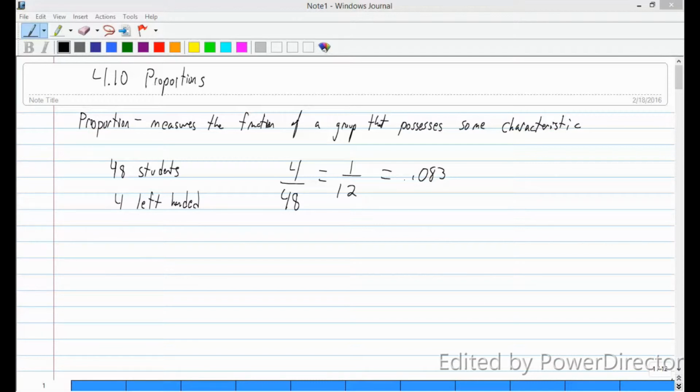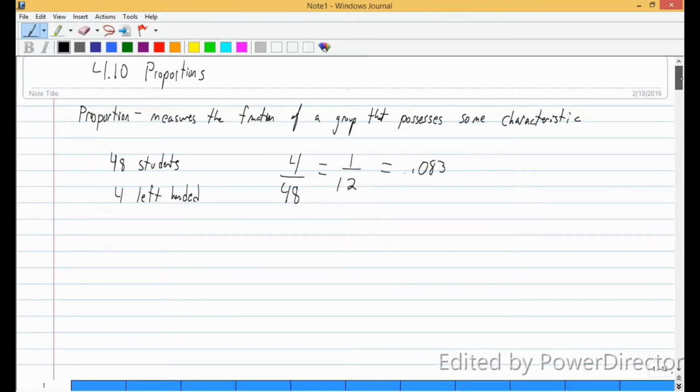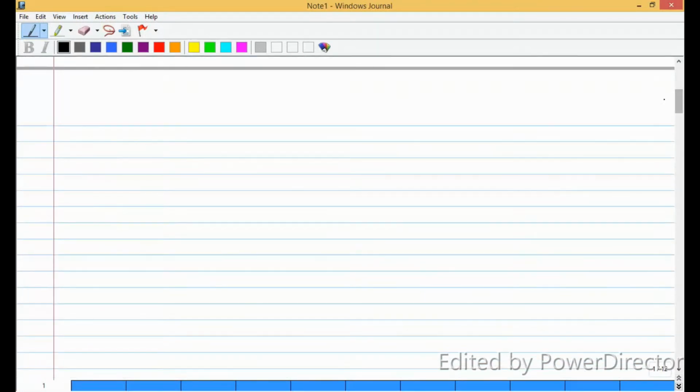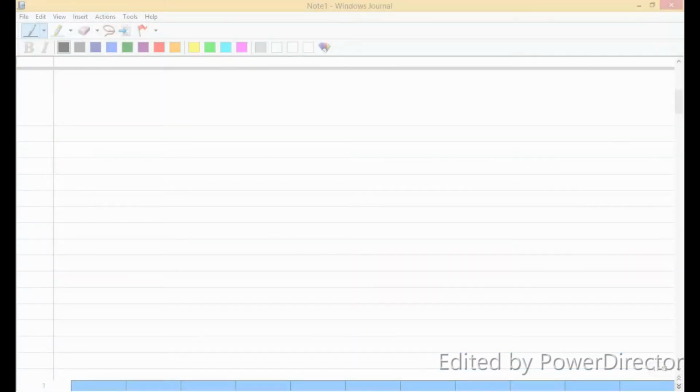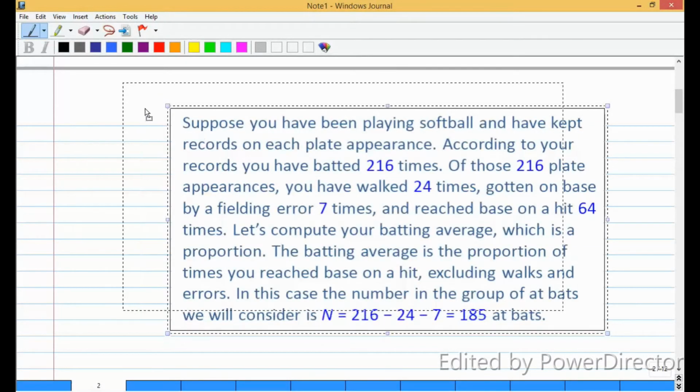All right. With a lot of people probably in here playing sports, or maybe you're playing softball now, the next example is about softball. So let's take a look at that.